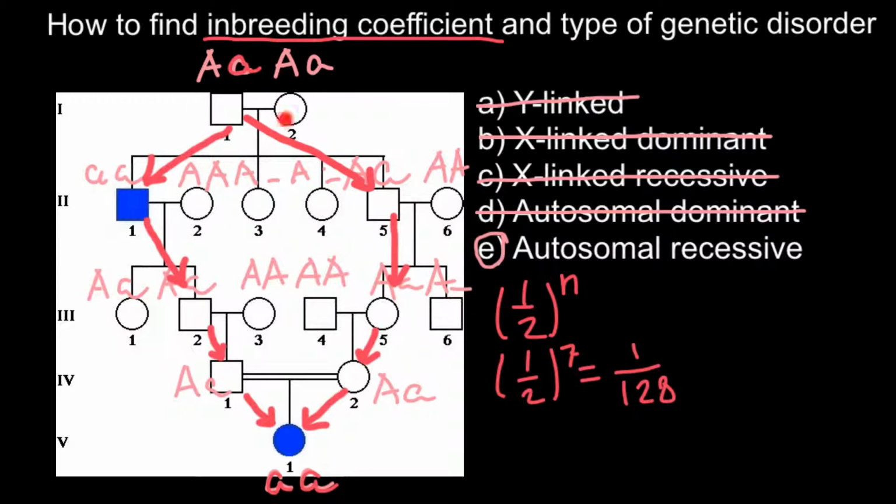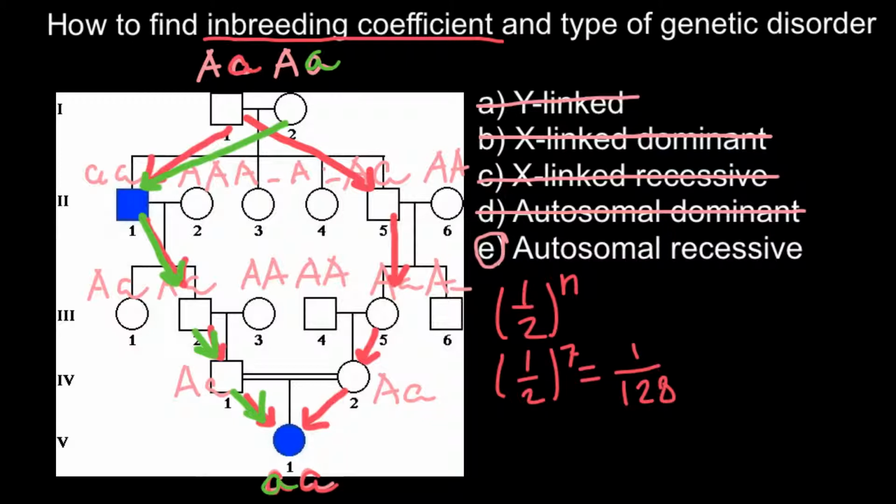He also has possibility to inherit this recessive allele a from the person 2 in the first generation. So let's once again count what the probability would be. So we know that this person has 2 recessive alleles, so at least one has to be inherited from this person here. So this is one pathway, and this would go here, here, and end up here.